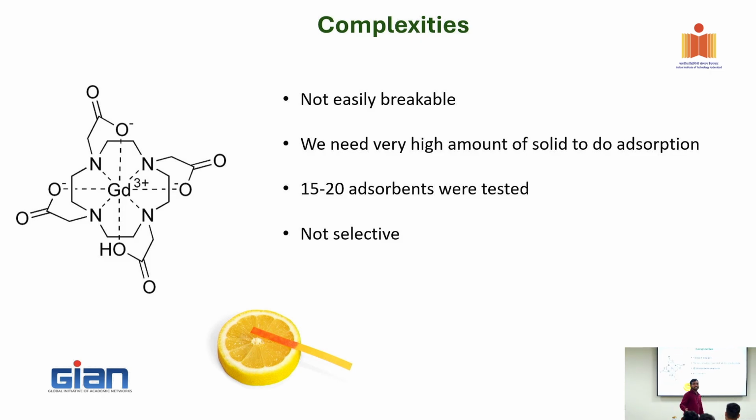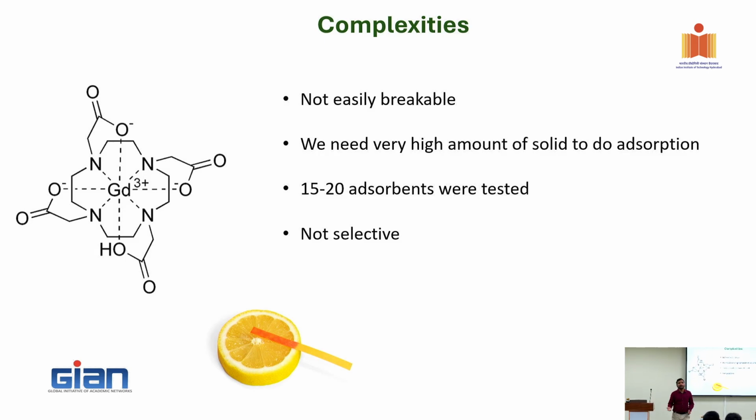Now the next question is: it is acidified, and it is very difficult to develop a material in a strongly acidic medium, because most of the adsorbents or materials developed work only at pH 1 to 5. Since we are acidifying, it went to a pH of less than 0, with 4 molar sulfuric acid or nitric acid. So it's very difficult for us to develop a material which works in these extremely acidic conditions.